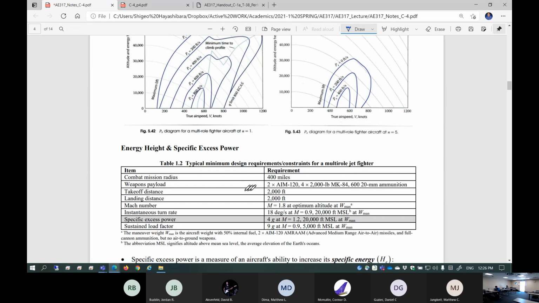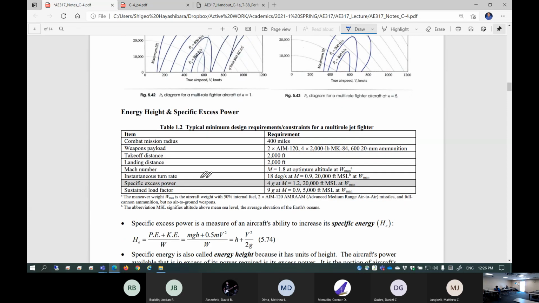Combat mission radius 400 miles, weapons payload, takeoff and landing distance, Mach number, instantaneous turn rate, specific excess power. This is one of those constraints right here.